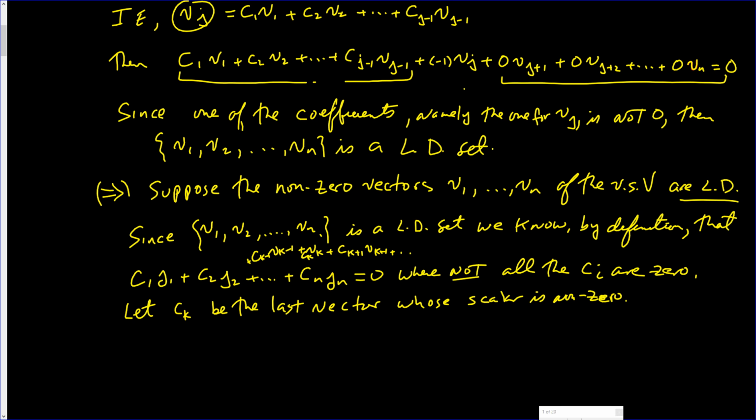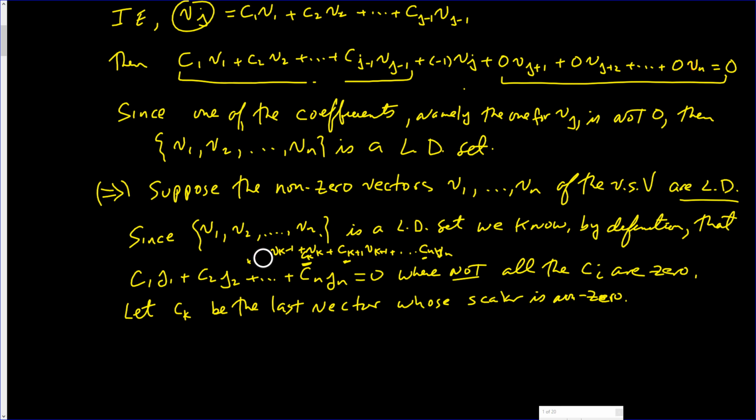All I'm saying is this C sub k is the last coefficient that's not 0. That is, all of these coefficients are 0.